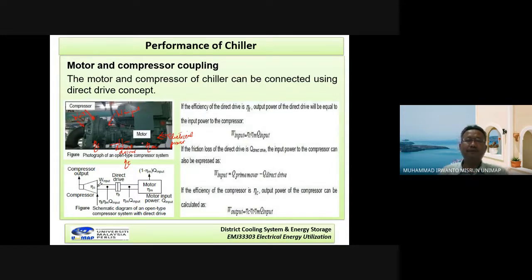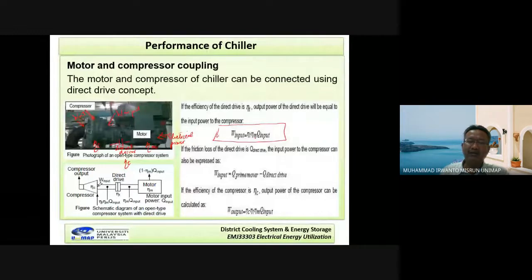During this process, when this motor operates to move this piston inside of this compressor, the input power needed by this compressor is given by the multiplication of the efficiency of the direct drive and the efficiency of the motor and the input power of the motor.